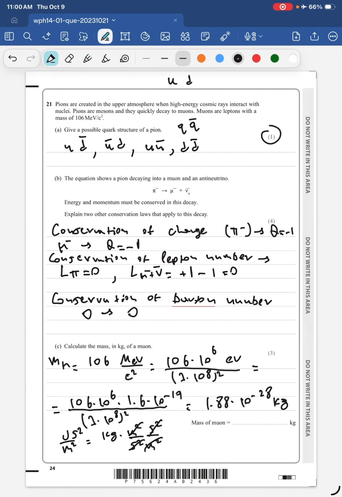So we are left with kilograms. And how do I know that 1 joule has units of 1 kilogram times meters squared over second squared? Simply by remembering that the kinetic energy is 1/2 mv squared. So in terms of units, we get kilograms for the mass times meter squared over second squared. So that's it, okay?